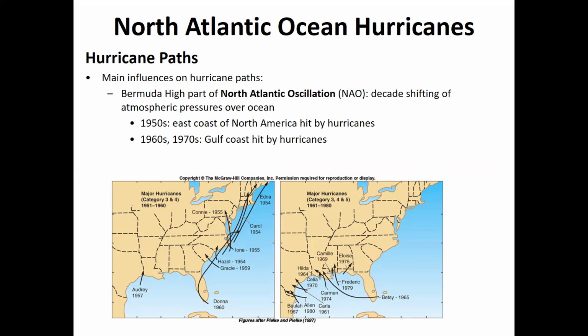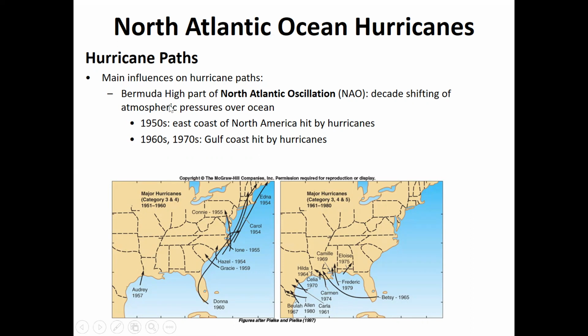The Bermuda High is part of what's called the North Atlantic Oscillation, a decade-scale shifting of atmospheric pressure over the ocean. It shifts at a frequency of roughly 10 years. In the 1950s, the East Coast was mainly getting hit by hurricanes. However, in the 60s and 70s, it was the Gulf Coast getting hit.